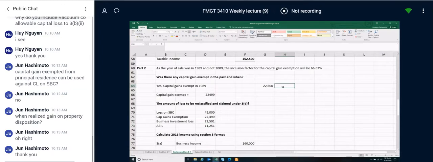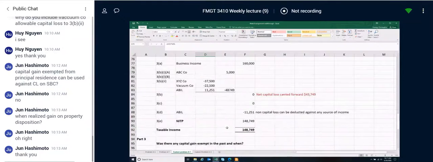So again, to better illustrate, if I had the 66.67% inclusion factor, that would get me to 15,000, right? So this is the gain I had in the past, the capital gain. If I do my calculation, I'm a net loser by 22.5. Half of that is 11,250.